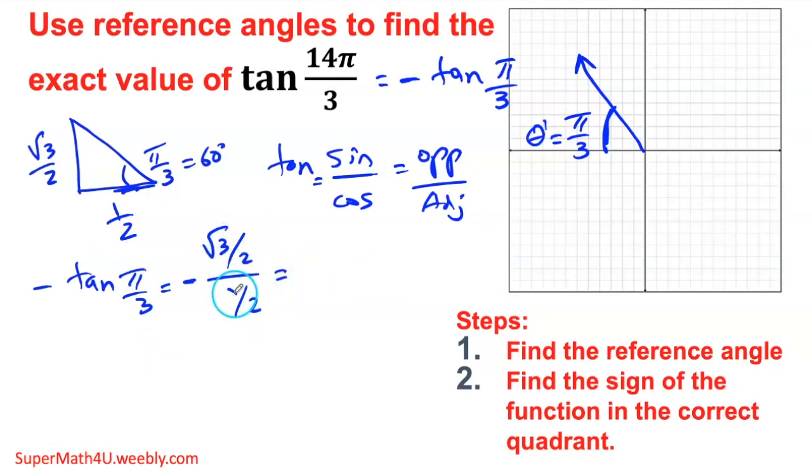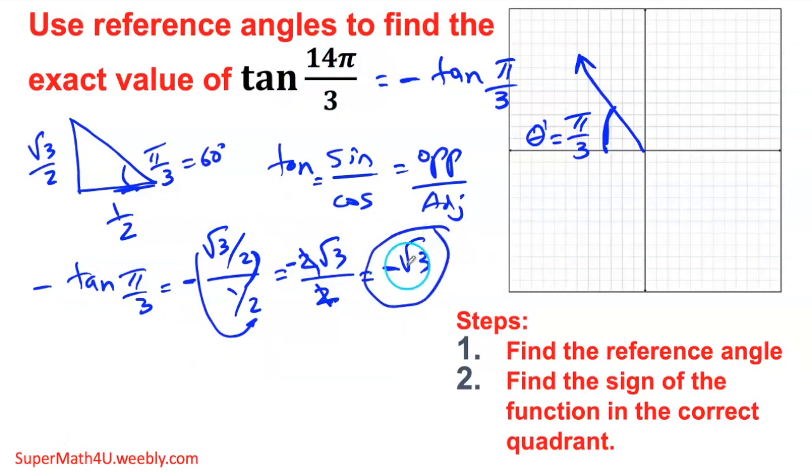If I want to divide fractions, first one times the last one, right? That's going to give me 2 square root of 3. The middle ones, multiply them and they go on the bottom. So the middle ones are 2 times 1. Simplify, and that gives me square root of 3. But I almost forgot that I have a negative in front. So this should be negative. So tangent of 14 pi over 3 is the same as negative square root of 3.